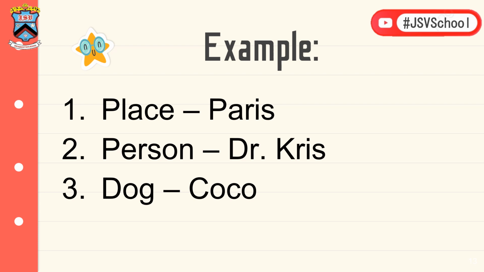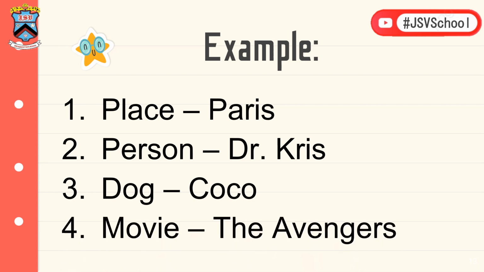Number 3, dog. A specific name for a dog is Coco. Number 4, movie. Movie is a common noun. To make it a proper noun, you need to have a specific title of a movie. For example, The Avengers.